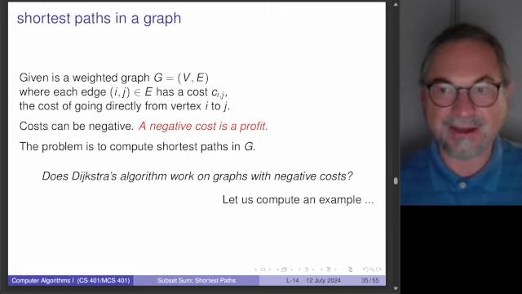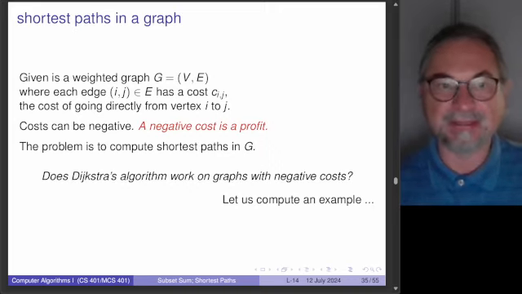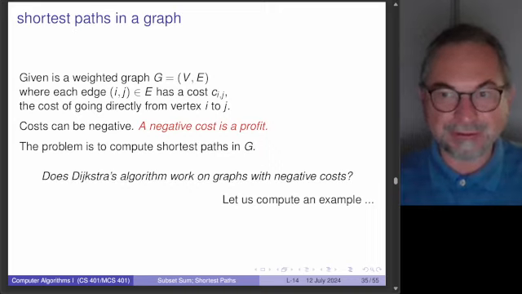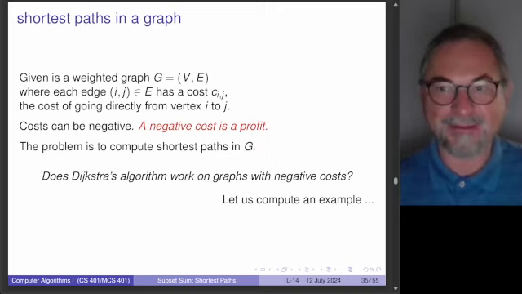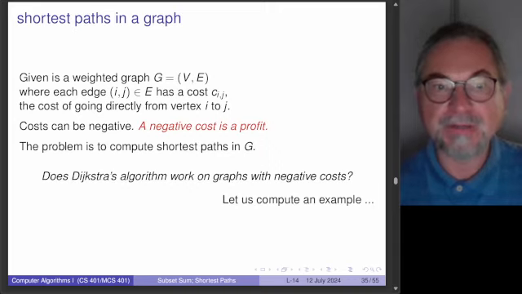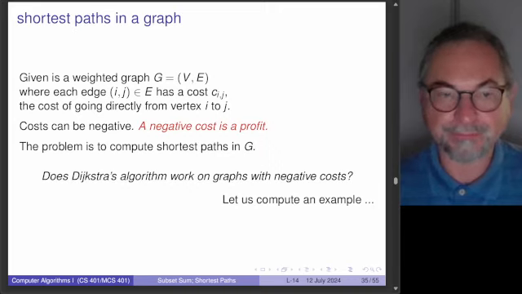So, of course, a negative distance does not make sense. But as a cost, if you negate something negative, you end up with something positive. So we interpret a negative cost as a profit.